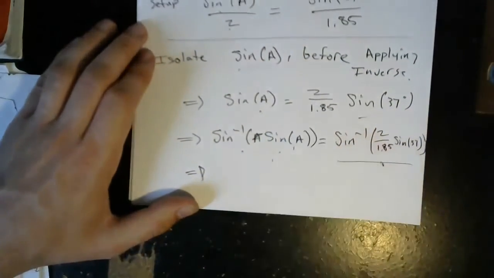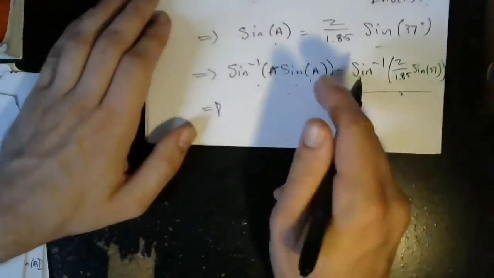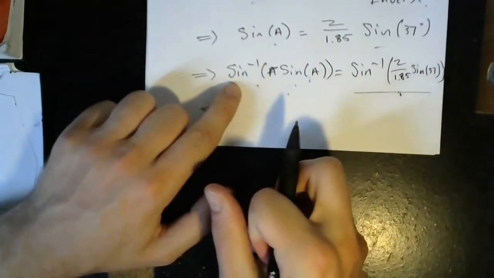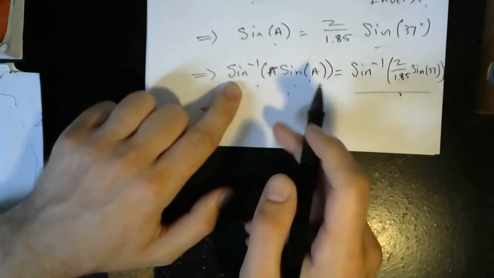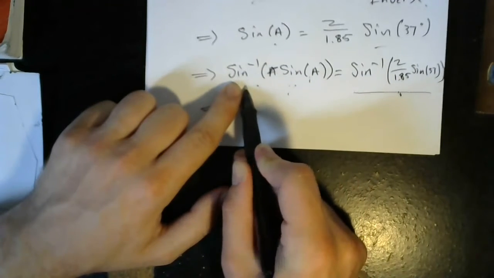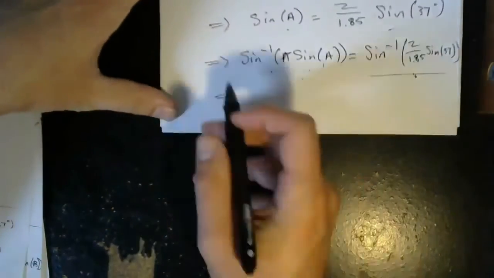So this is assuming that A is less than 90 degrees. Remember, sine inverse is always going to give you an angle on the right half of the coordinate plane. So in this case, sine inverse is going to give us a number between 0 and 90 degrees.